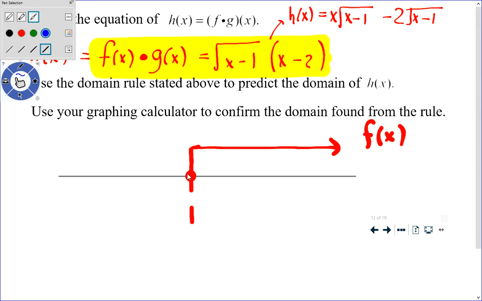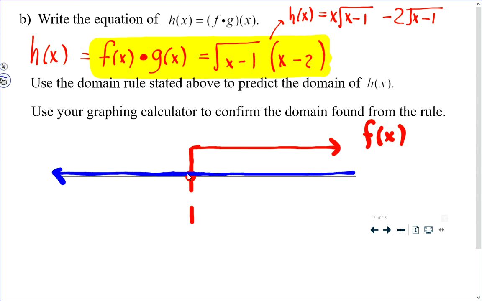Well, g of x was defined everywhere from -∞ to infinity. So the blue line represents the domain of g of x.